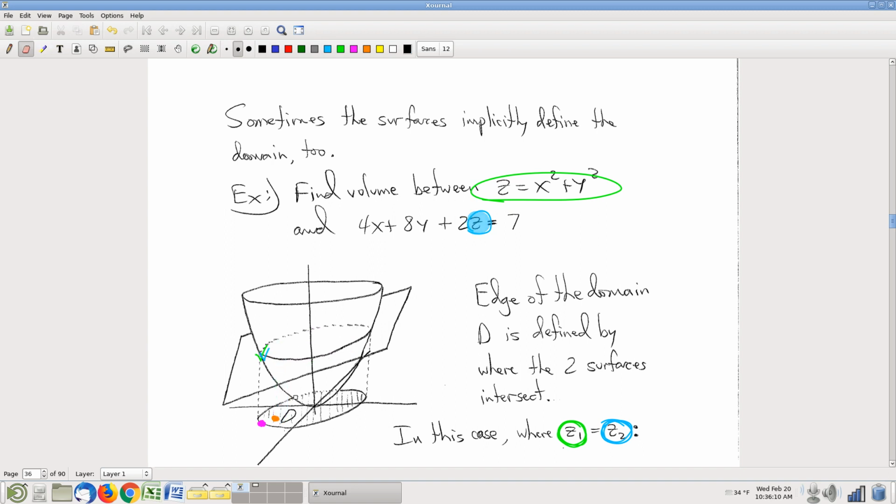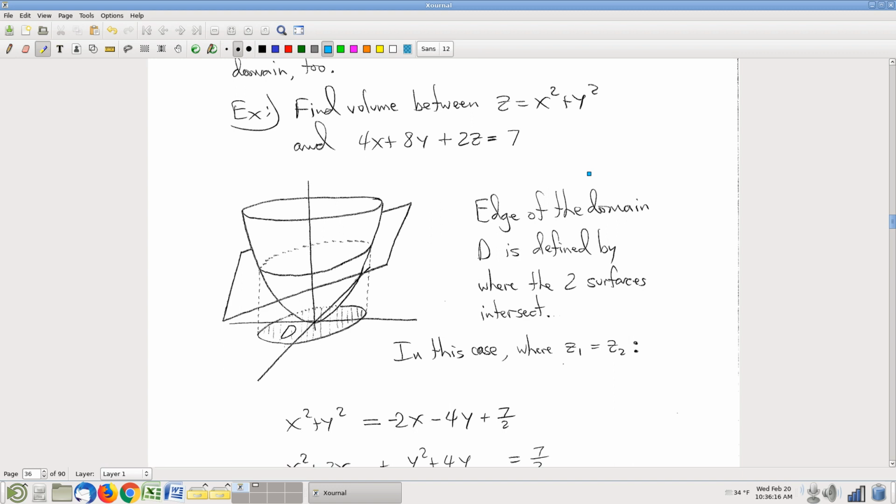By the way, this is a very common mistake that students make, ultra common. I see this on exams all the time, that students will say, okay, well, I want to know where these two things intersect, and so I need both of these equations to hold, and so I guess I am supposed to set x squared plus y squared equal to that, I guess.